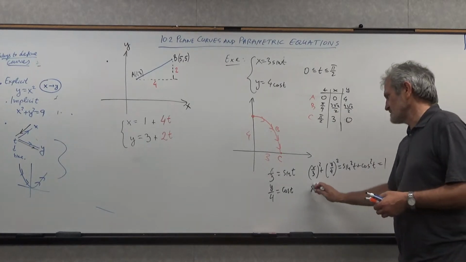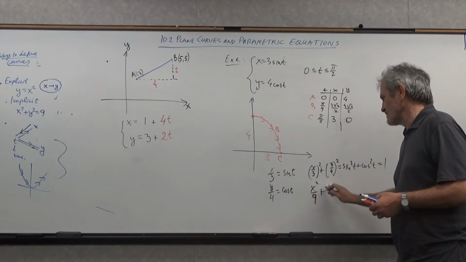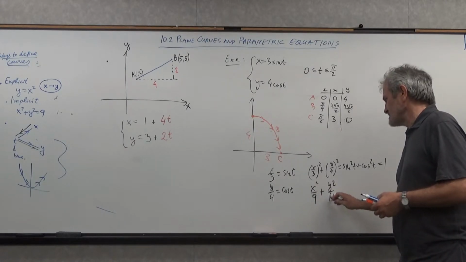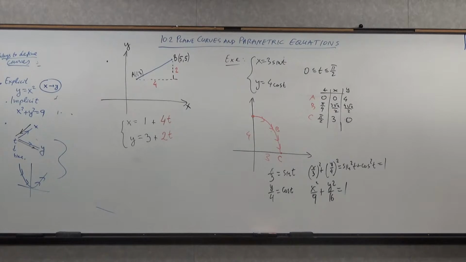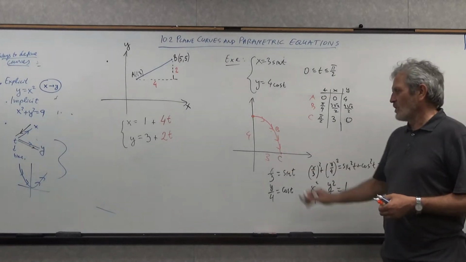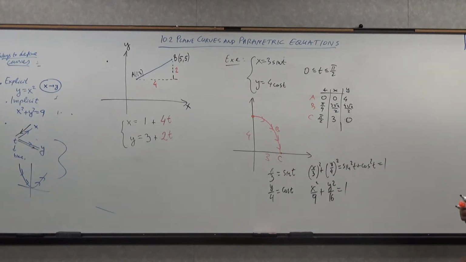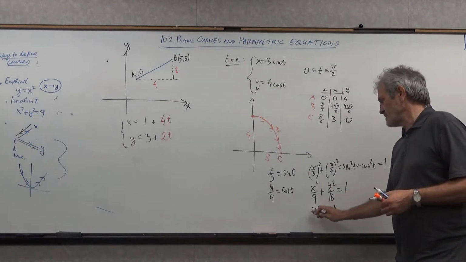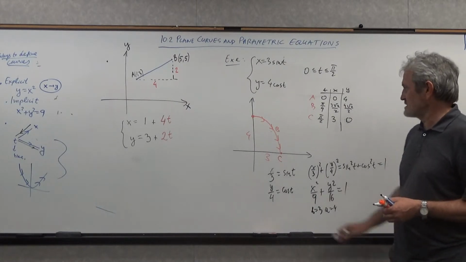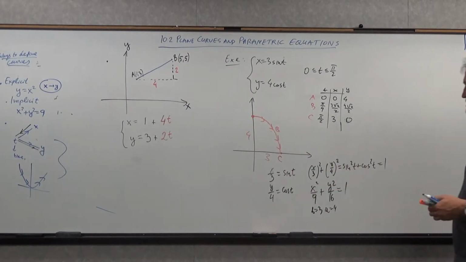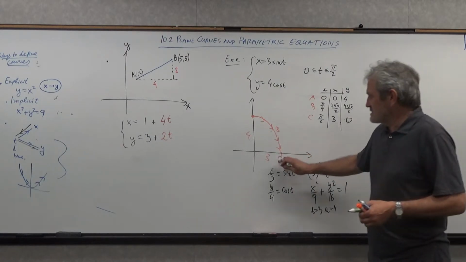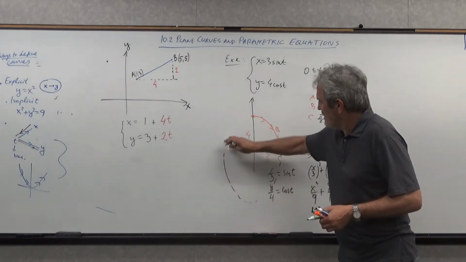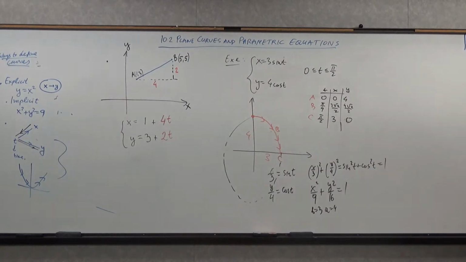Now I hope you recognize the ellipse: x squared over 9 plus y squared over 16 is 1. So this is an ellipse where the major axis A is 4 and B is 3. So here is that 4 as the major one, here is 3. But this just says it belongs to this ellipse.